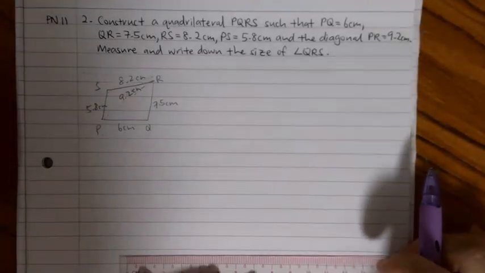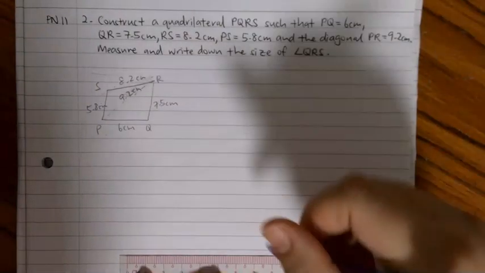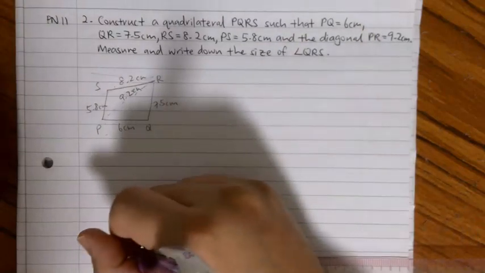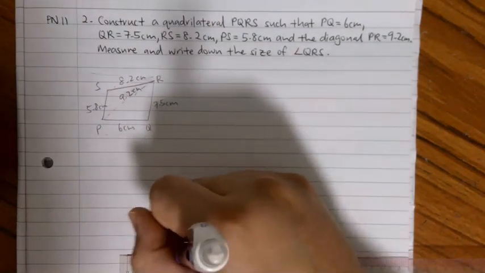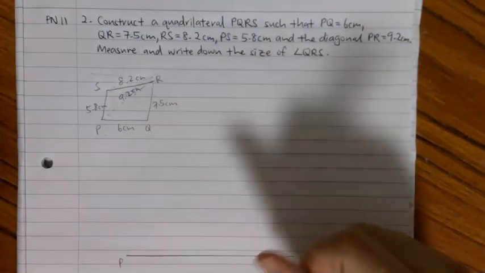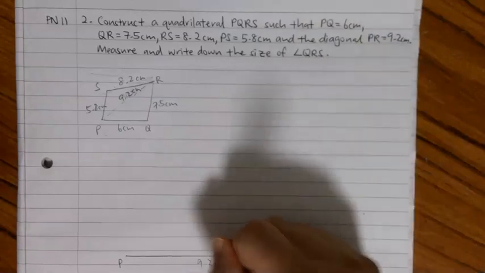So I will measure out 9.2 cm. So this is PR. Actually it's the diagonal, so I might not want to draw a solid line.